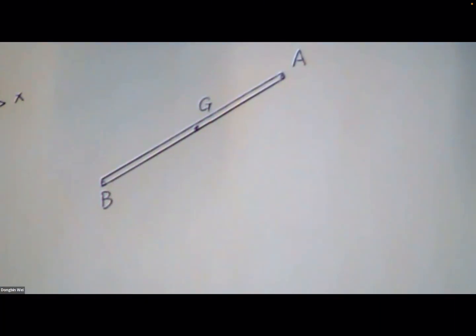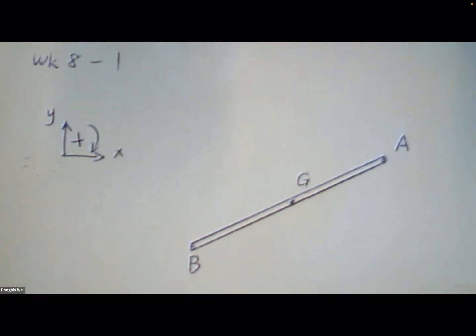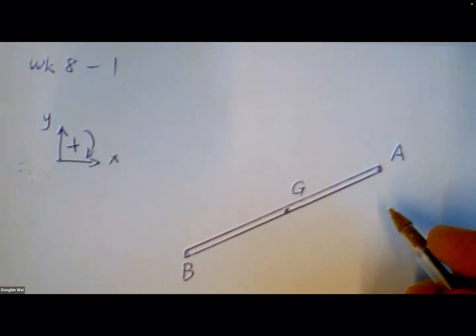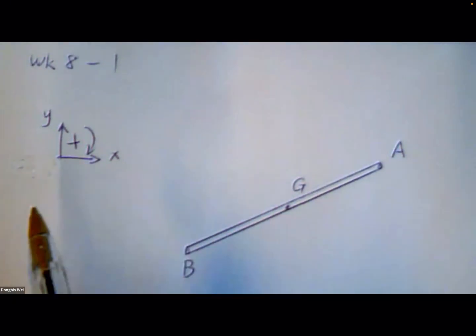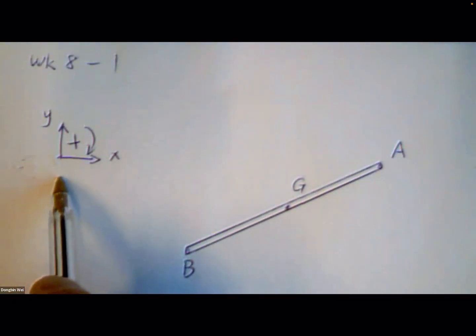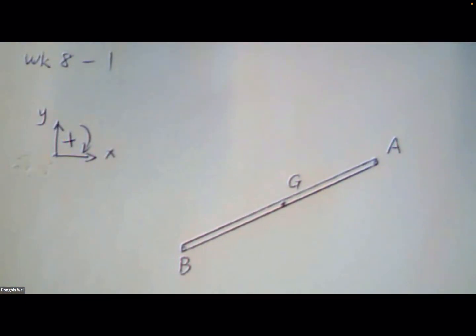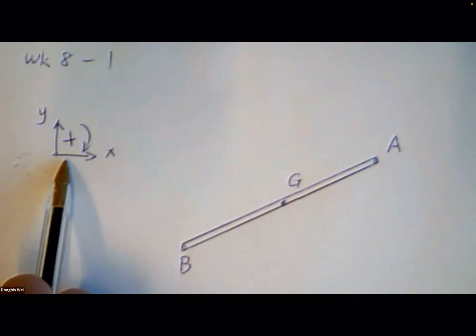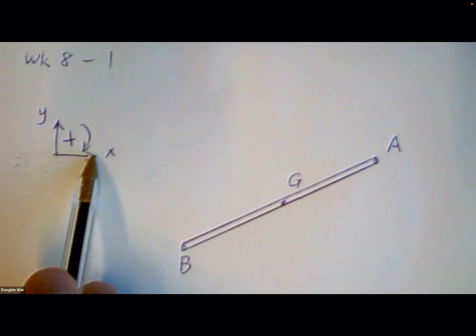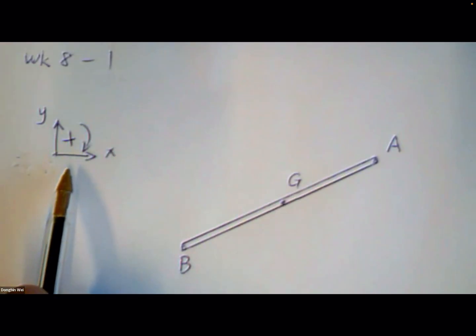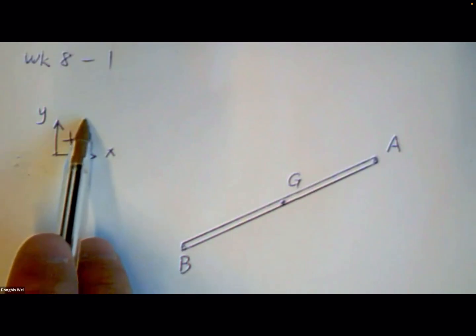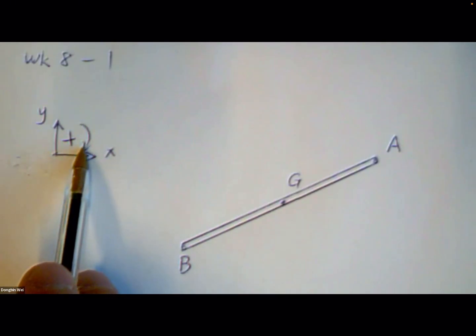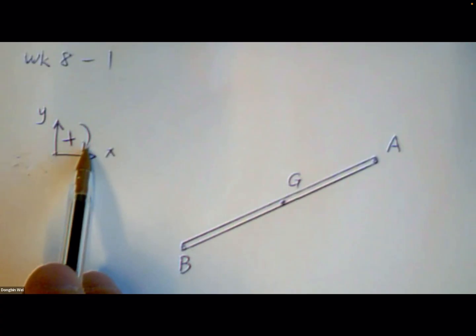Okay. Because again, we are going to be dealing with vectors. For calculation, definitely you will need a coordinate system. So here I define coordinate system X, Y. Just for convenience, I define clockwise as the positive rotation direction.